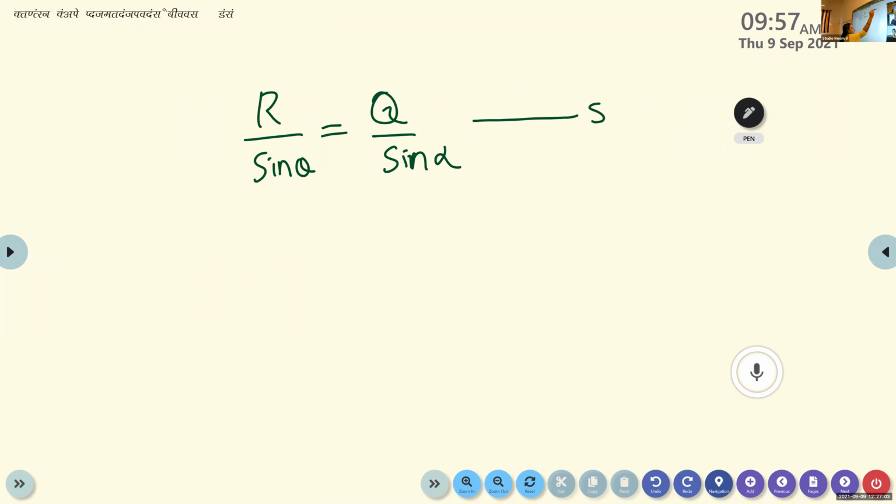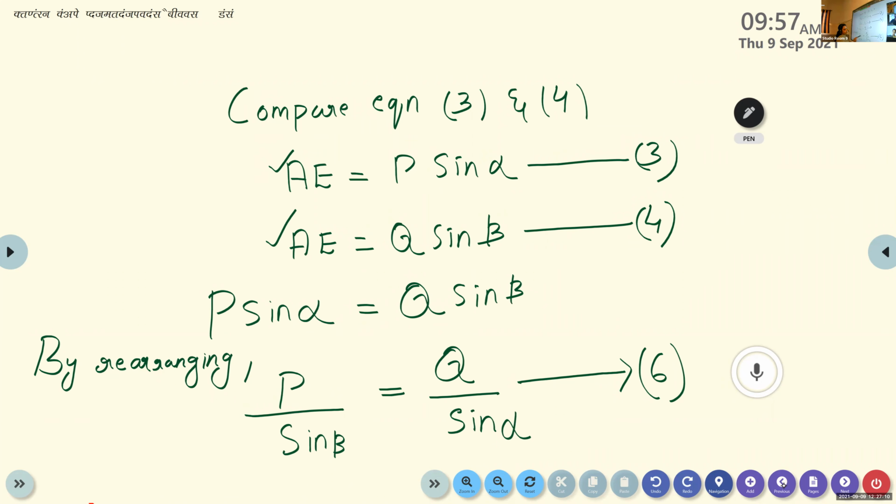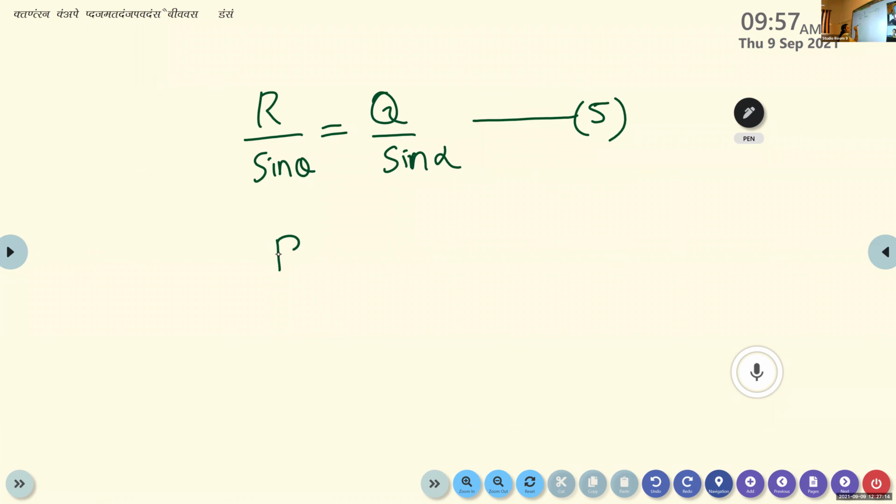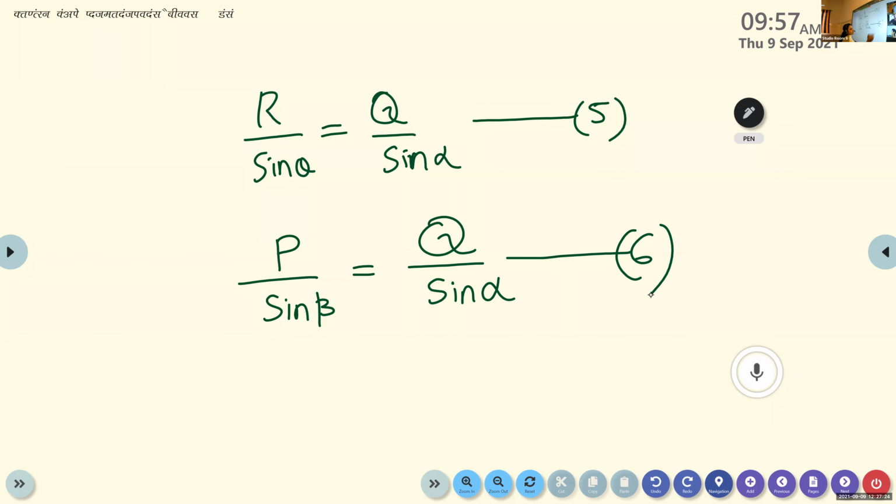This is our equation number 5. What is our equation number 6? P by sine beta is equal to Q by sine alpha. This is our equation number 6.